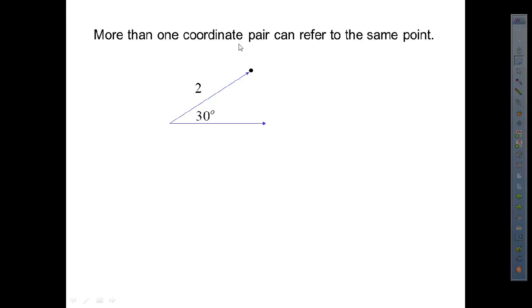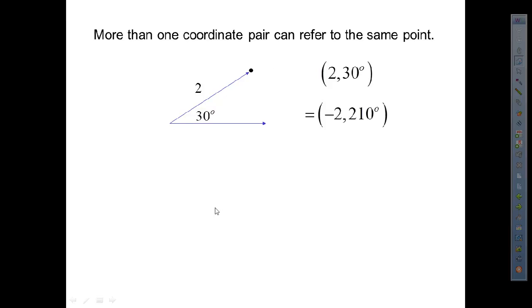All right, more than one coordinate pair can refer to the same point, and this goes back to the whole reference angles and all that thing. Remember, we can have lots and lots of angles that have the exact same coterminal angle. So we can have 2, 30. We can also have negative 2 if we go all the way around this way.